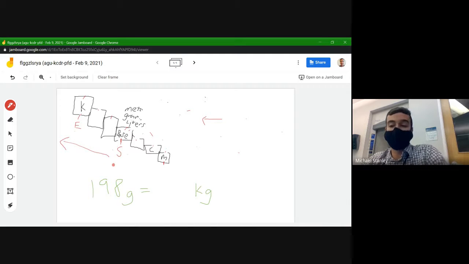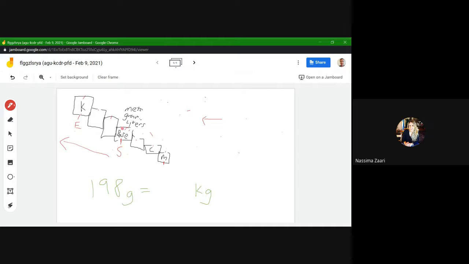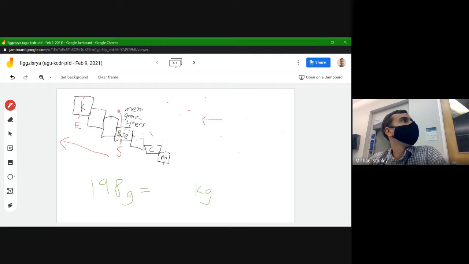And how many jumps are we going to make? 3. There's that 3 again. 1, 2, 3 jumps to the left to go from base to kilo. So our decimal point starts right here.